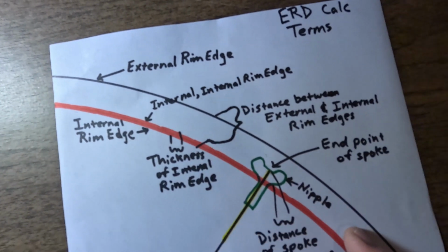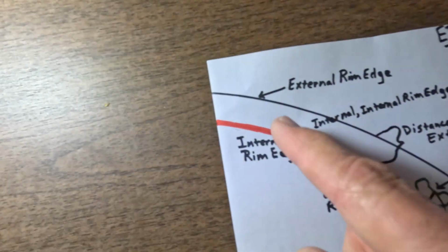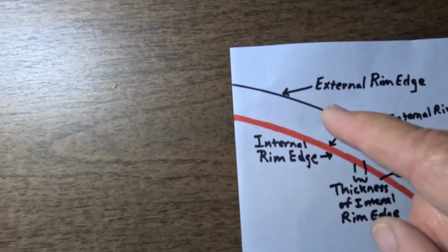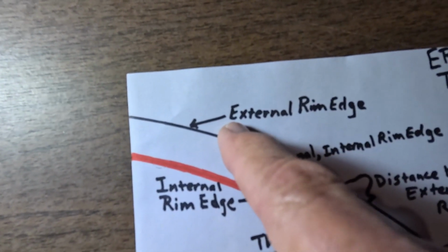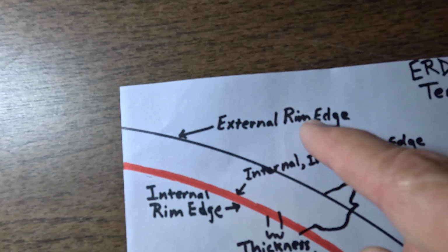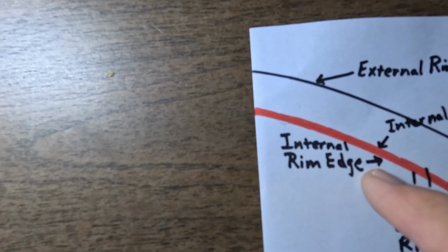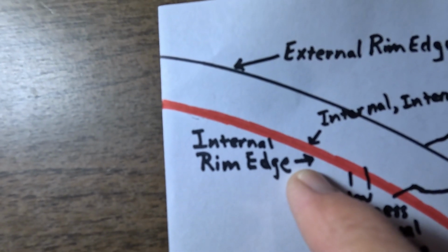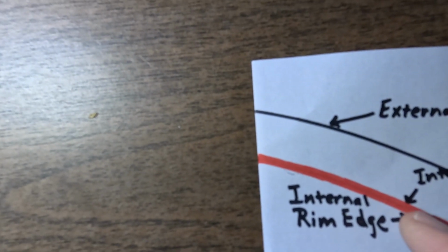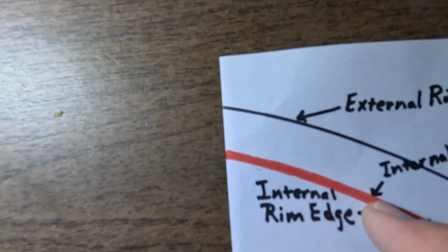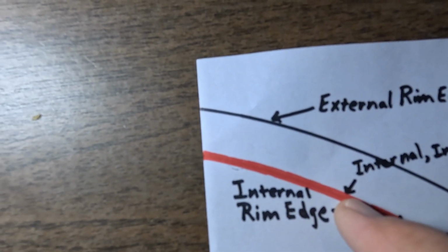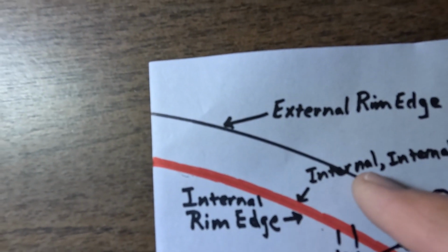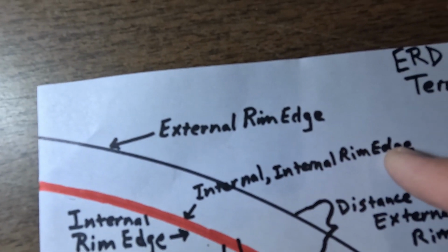This represents the rim. This black line is going to be referred to as the external rim edge. The red line here, the very bottom of the red line, is going to be referred to as the internal rim edge. The other edge of that red line, I'm going to refer to as the internal rim edge as well.